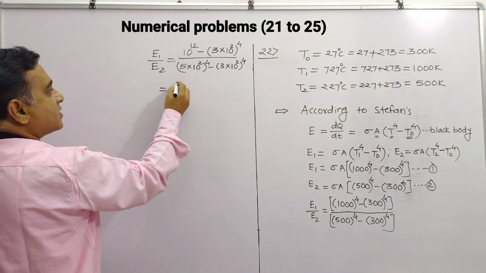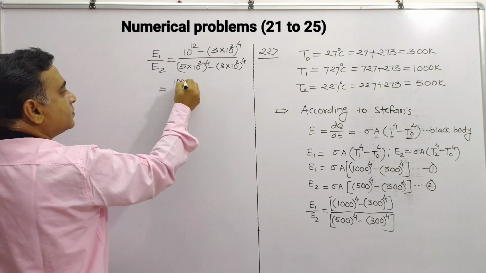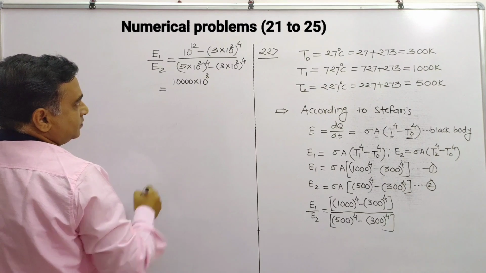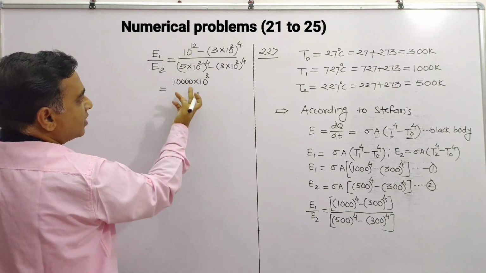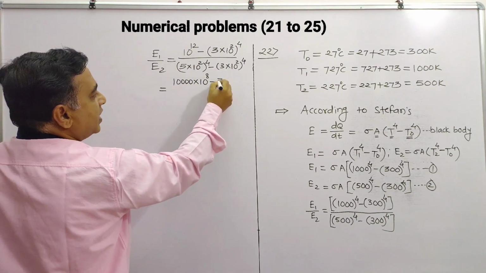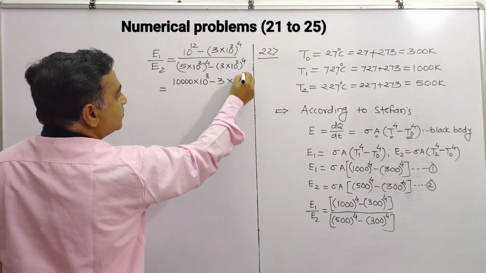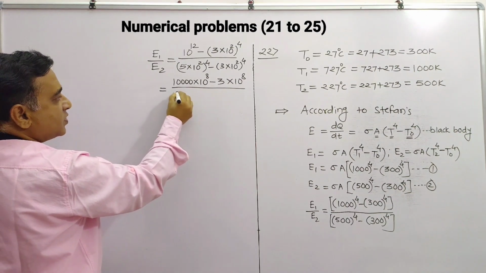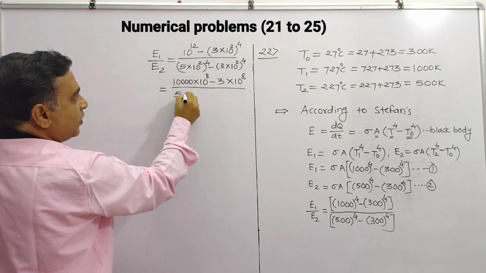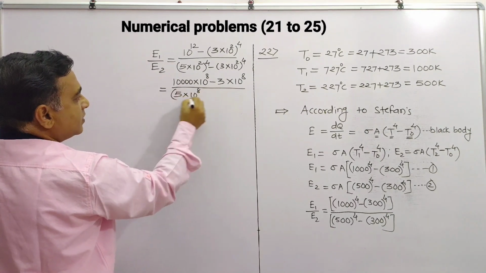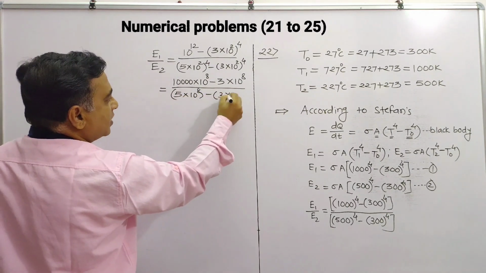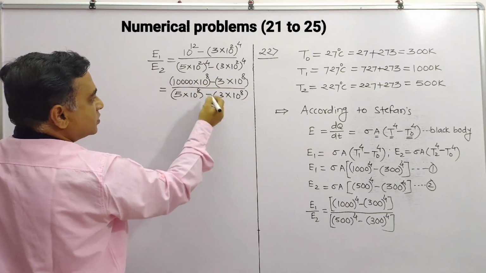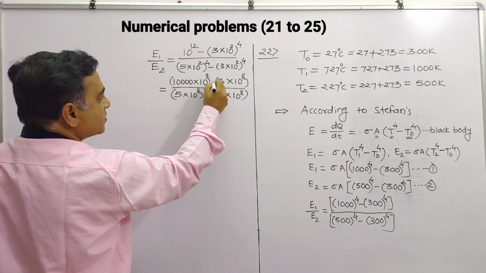I can write this as 10,000 into 10 raised to power 8, because 10 raised to power 4 I write here, minus 3 into 10 raised to power 8. Similarly for the bottom, 5 into 10 raised to power 8 and 3 into 10 raised to power 8, taken in a bracket, with a minus.